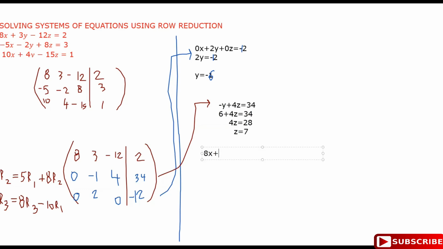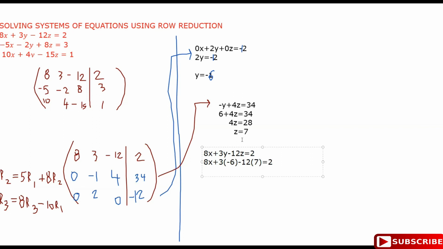8x plus 3y minus 12z equal 2. But we know 3y is 3 times -6, and then we have -12 times z, and z is 7, and this is equal to 2.